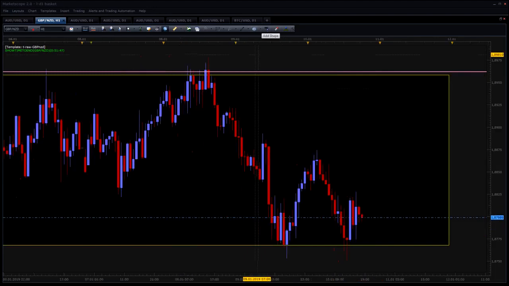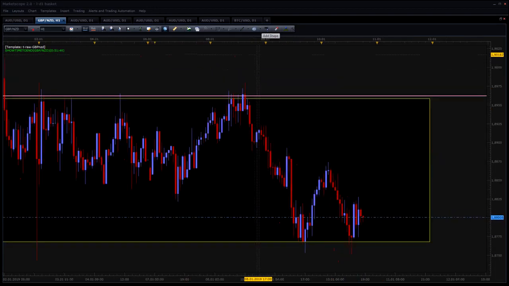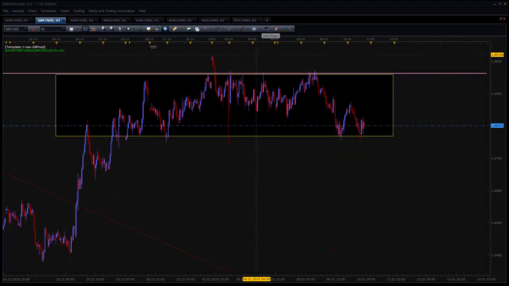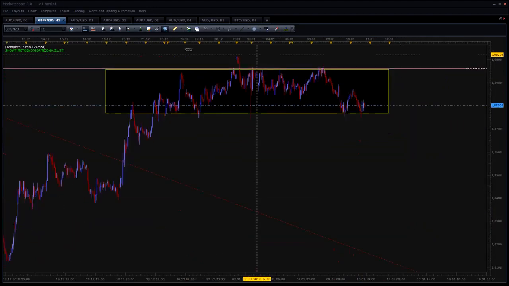I always go and look at a larger time frame. It has way more chances to go down than up. Also, it was met with resistance here, so it could be met with resistance again.